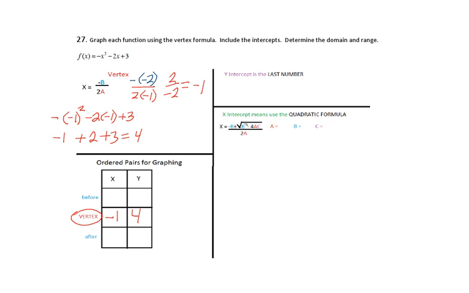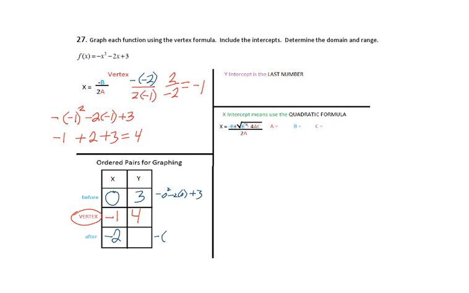Well, you need 3 points to make a good graph. And here's a way to always get a good quadratic graph. After getting the vertex, look for before and after. So before would be 0, and after is negative 2. We'll plug that in. If you plug in 0, you get negative 0 squared minus 2 times 0 plus 3, which is 3.